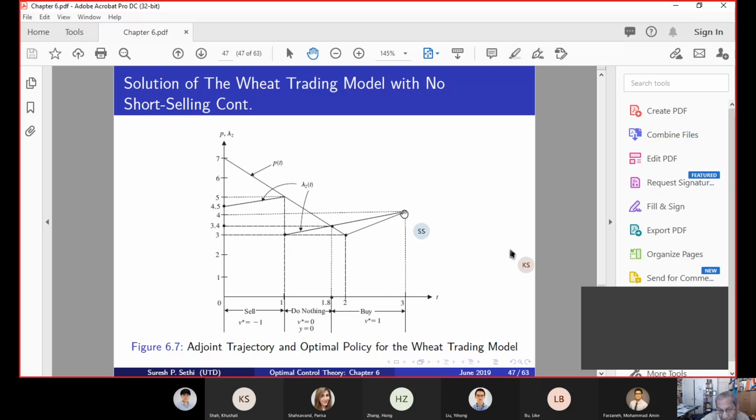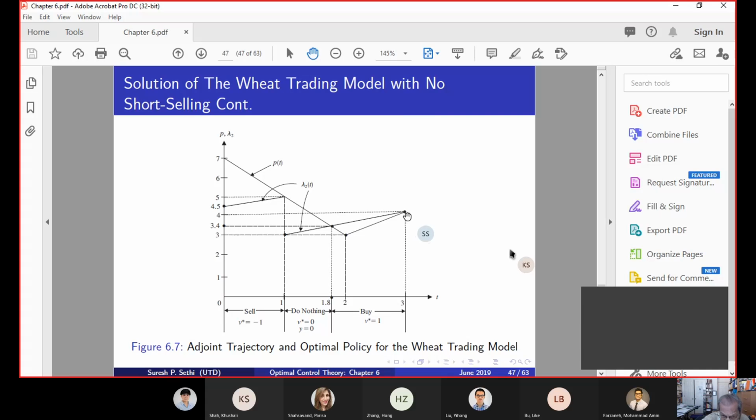So, assuming that, we are constructing a solution. When we construct that solution, we see that we're going to buy here.